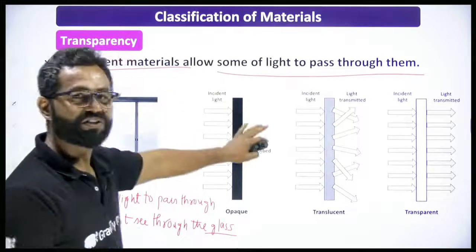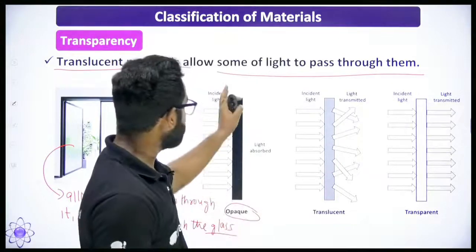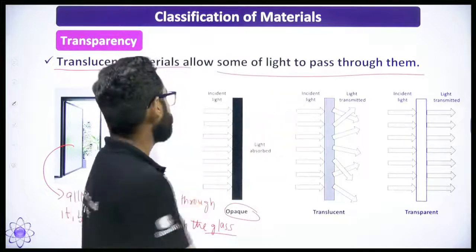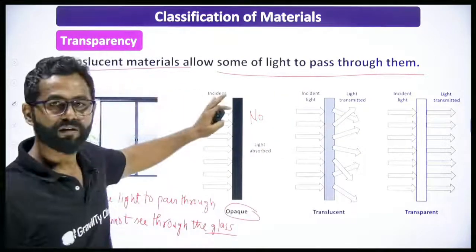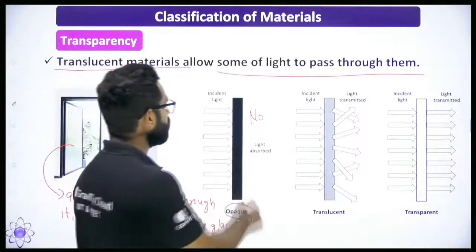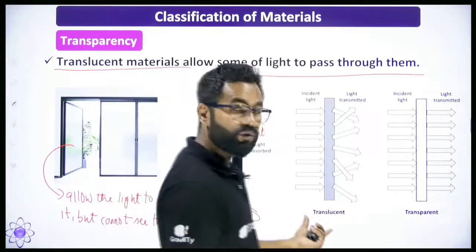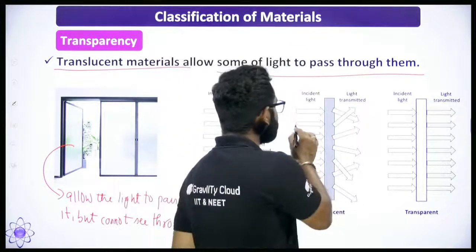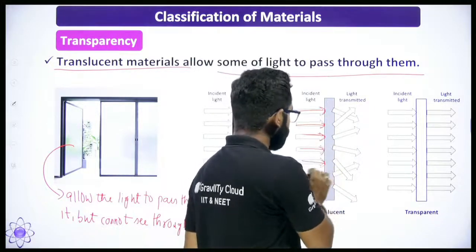If you look at this image here, if the object is opaque, it will not allow the light to pass through it. There is no light here, right? The light came from here, the light was absorbed by the object, and there is no light here. In the case of translucent material, the light strikes the surface of the material, right?